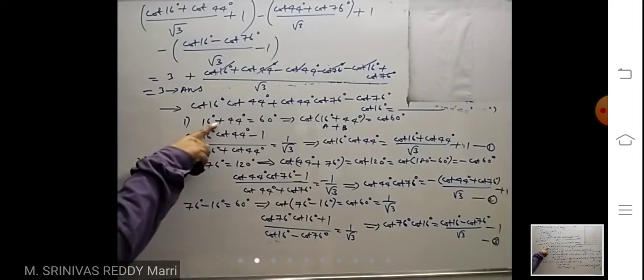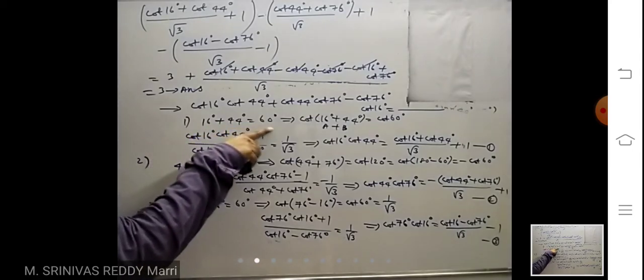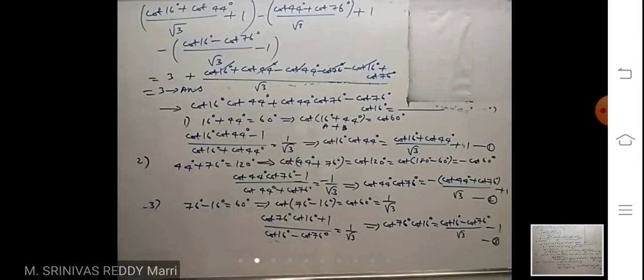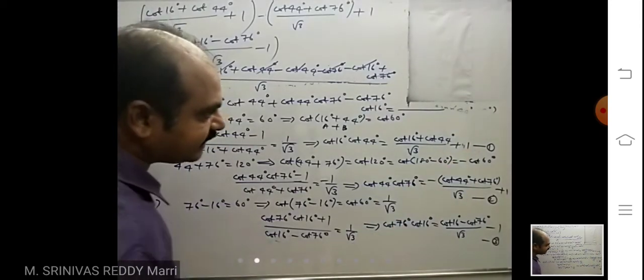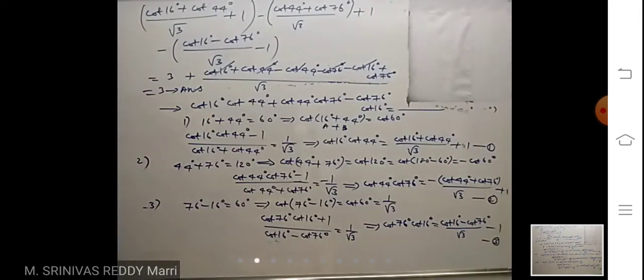Like that, the sum of the angles or difference of the angles should be considered such that whatever side you are writing the sum or difference, that must be a known angle and a value you can calculate.